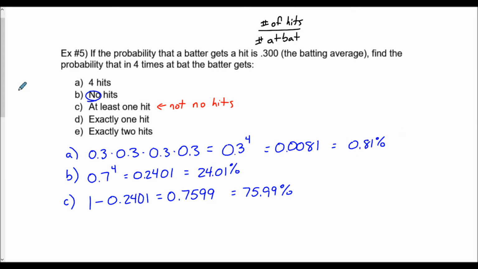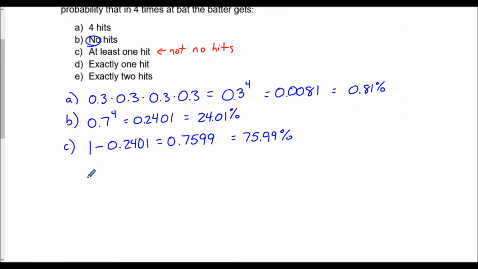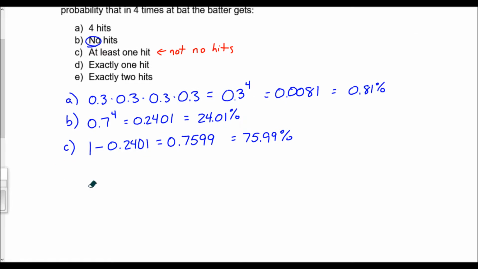And of course, we can calculate exactly what those would be. So therefore, if we want to find out the probability that in 4 times at bat the batter gets exactly 1 hit, we're going to calculate it very similarly to what we've done already. The probability of one hit would be 0.3.